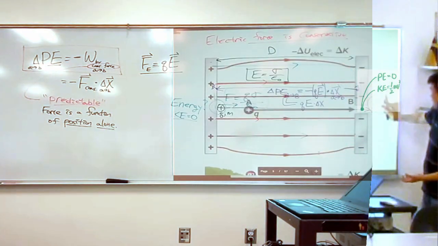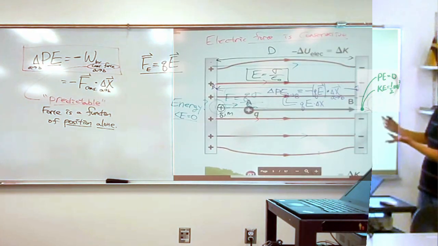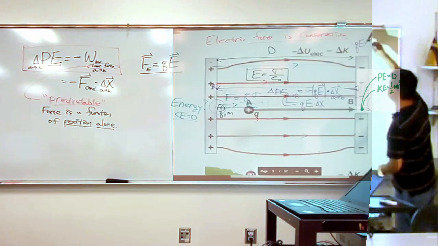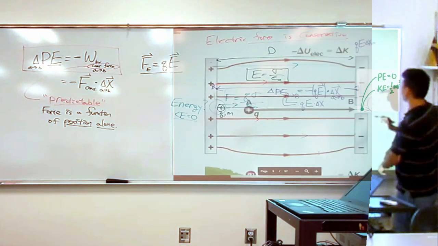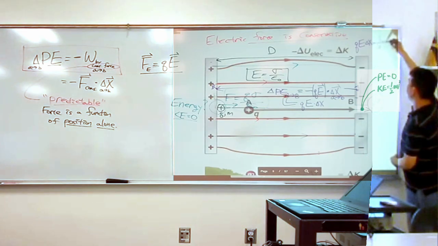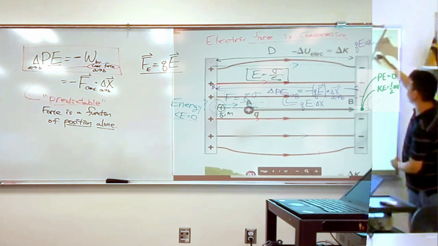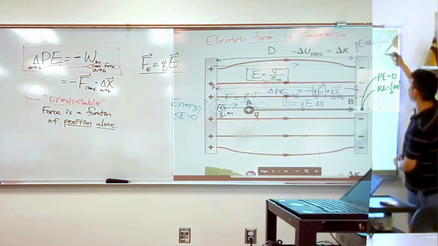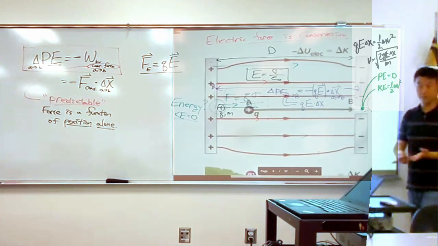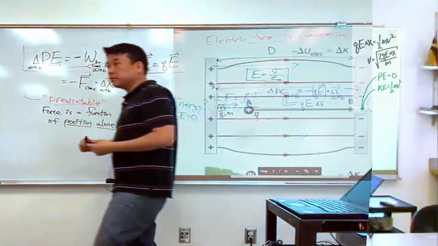And if I want to find the velocity, then I can now set up this equation. Initial potential energy, QE delta x, is equal to the final total energy, 1/2 mv squared, and I can solve for v. v is the square root of 2qE delta x over m, or something like that. Like a simple conservation of energy calculation.